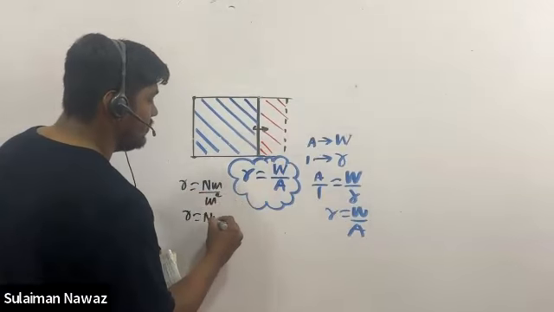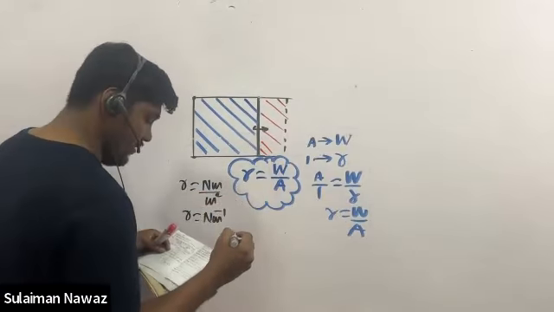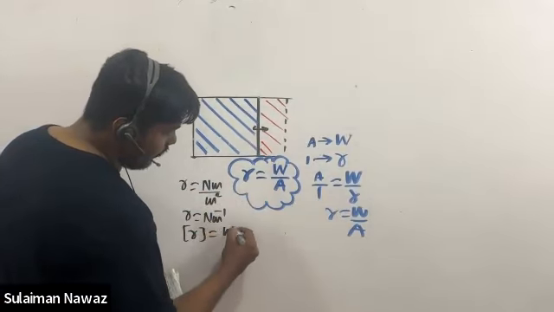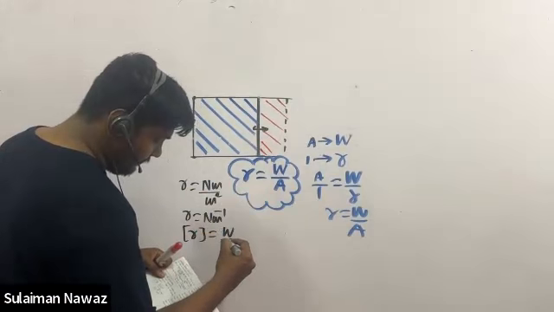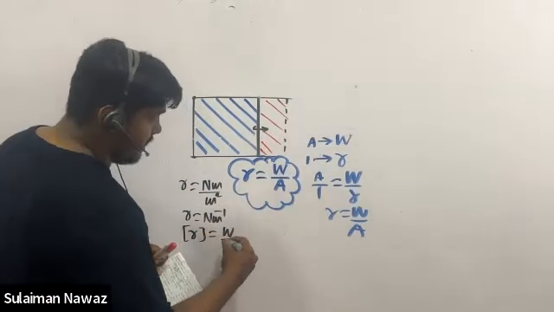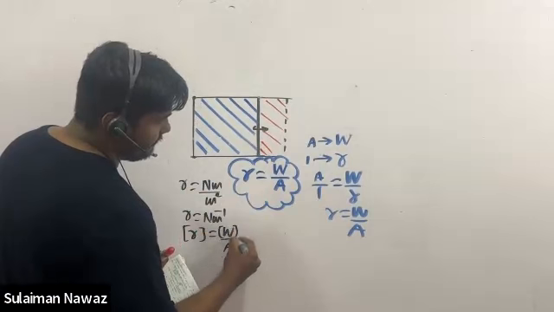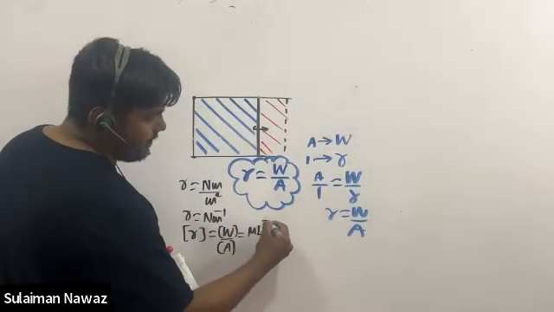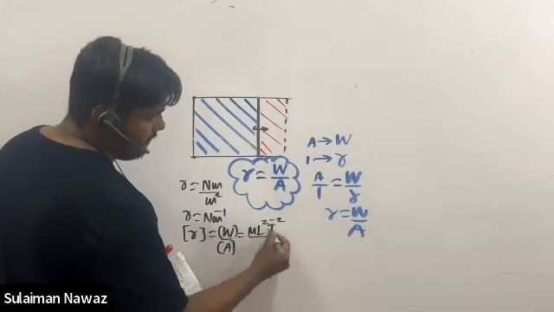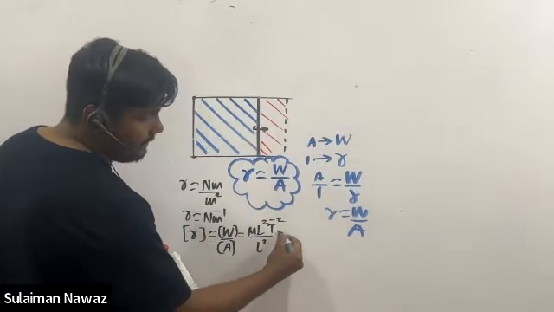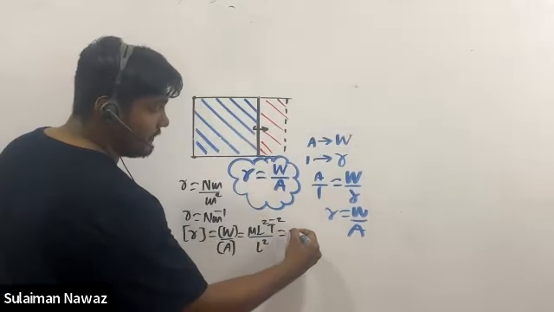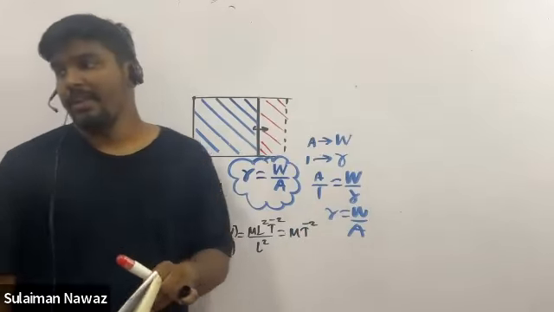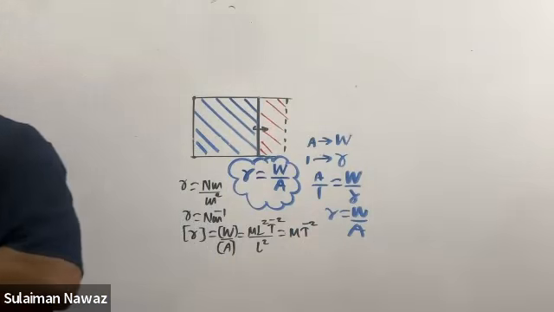So gamma is Newton per meter. What is the dimension of gamma? The dimension of work over the dimension of area. The dimension of work is M L squared T to the power minus 2, and the dimension of area is L squared. We get that the dimension of surface tension is M T to the power minus 2. Write that down.